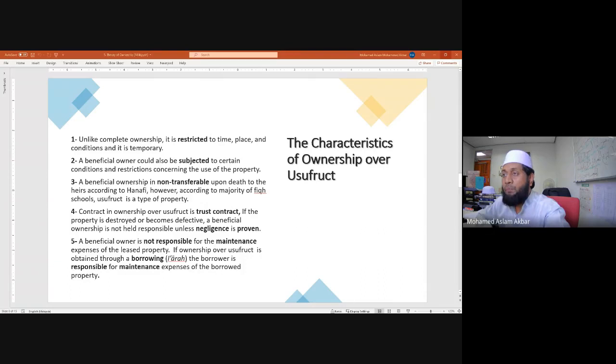Number two, a beneficial owner could also be subjected to certain conditions. He can agree to some conditions. When you do the agreement, you can say that you have to pay a 2 months deposit. Usually we say 2 plus 1, which means a 2 months deposit, and the plus 1 means the current month's rental. This is also some sort of condition that can be given.